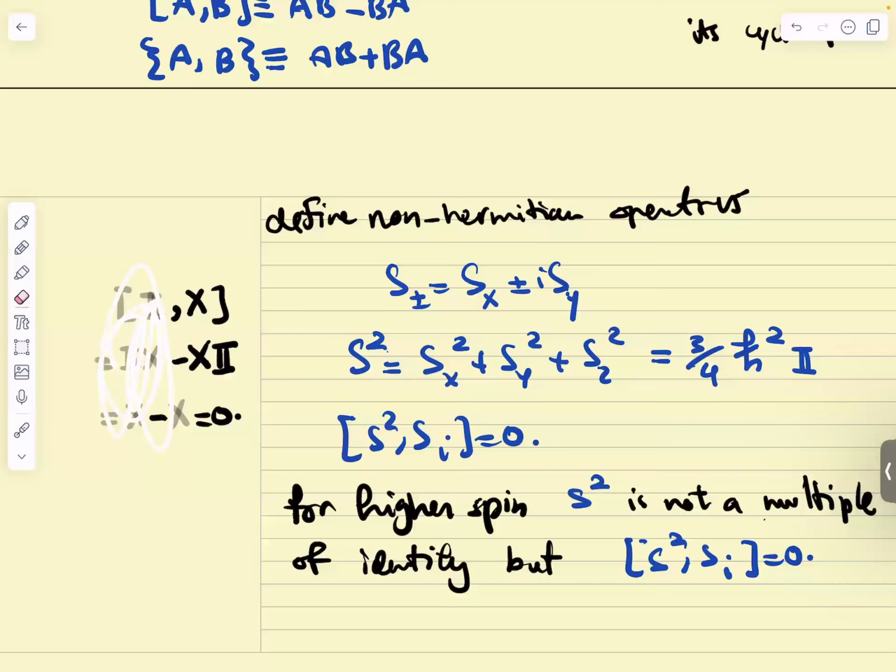So yes, S squared commutes with all the Pauli matrices. This is a crucial point. I don't know how many of you know about group theory, but this is an incredibly important fact in group theory that really revolutionized mathematics and physics quite a bit in the second part of the 20th century.